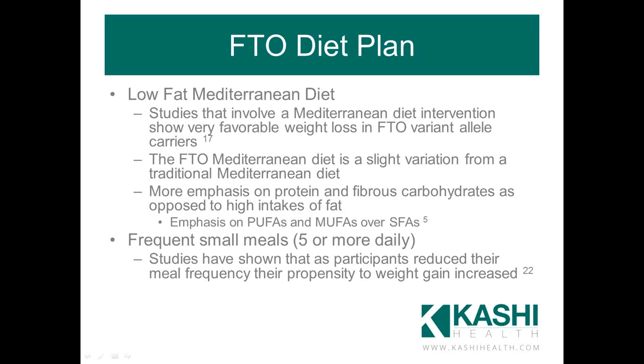What we've put forth for the FTO diet plan is a modified Mediterranean diet, a low-fat Mediterranean diet. Studies have shown that the Mediterranean diet has proven to give favorable results in FTO carriers in weight loss reduction. However, with taking into consideration that FTO carriers also have a tendency towards weight gain with higher fat diets, we're recommending a reduction in fat with an emphasis on unsaturated fatty acids over saturated fatty acids.